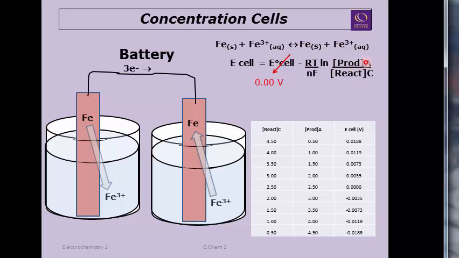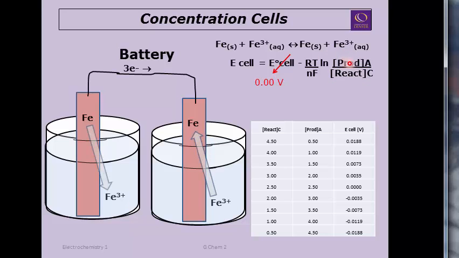The products in this case are the concentration of this, which came from the oxidation, or the anode, and the reactants are the concentration of this, which is converting over to the iron 0, so that's the cathode. So this is the setup where you basically have anode over cathode.